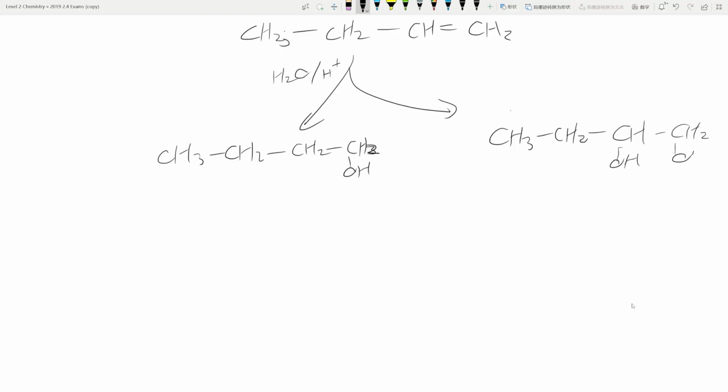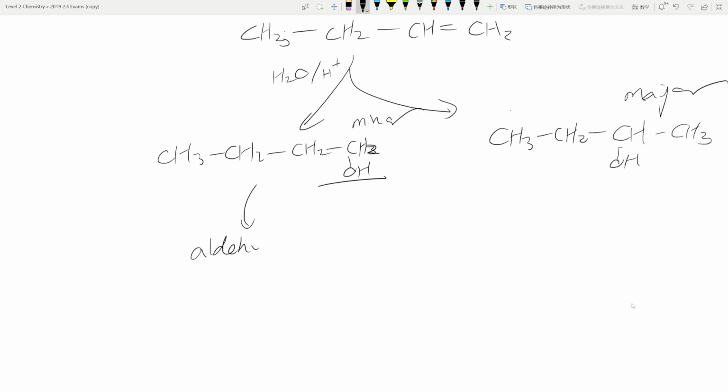You're going to add the H2O across the 2 carbons. Which one's major? This one's major. This one's minor. And then this is a primary alcohol.